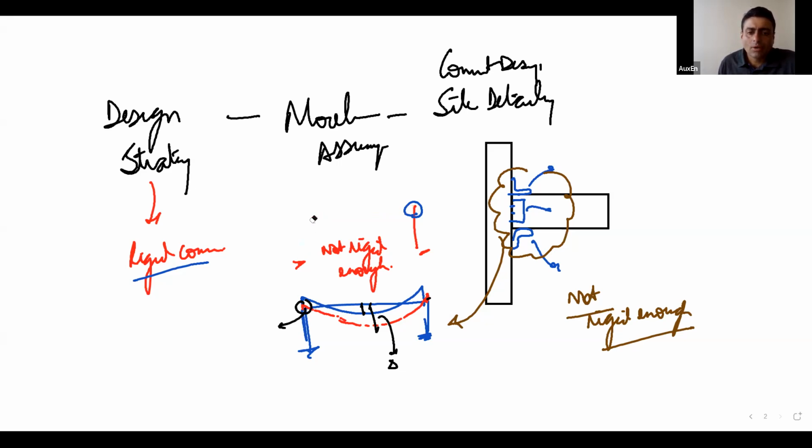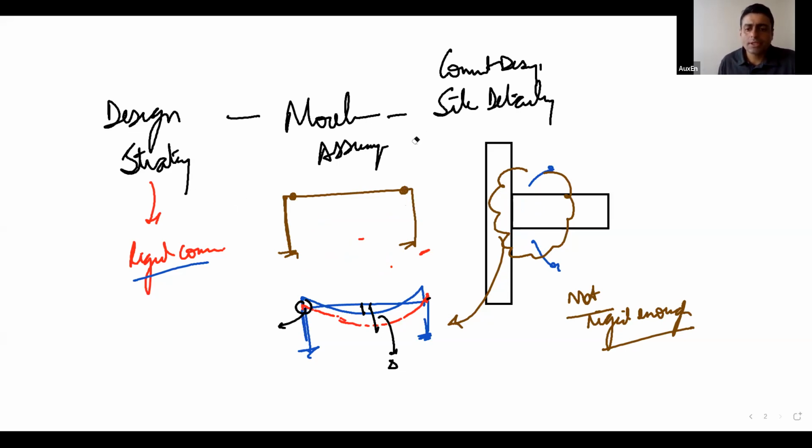What else can go wrong? So let's say you provided a good connection, a very rigid connection, but in your modeling assumption, by mistake, you provided the end releases. So your design strategy was to develop a rigid connection.